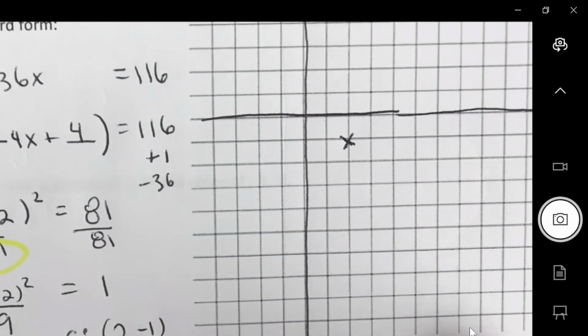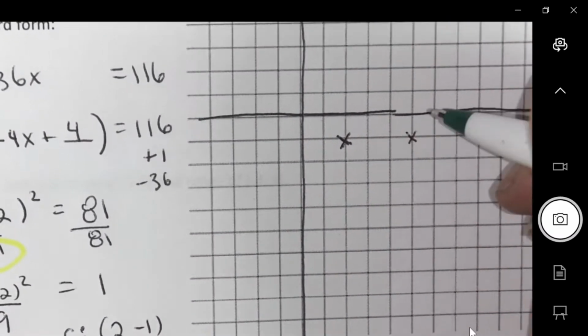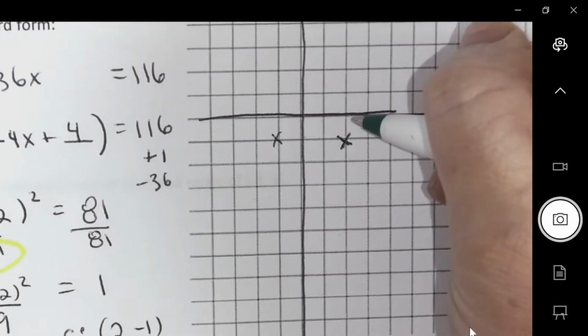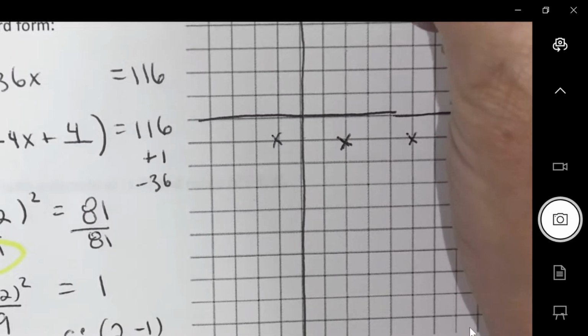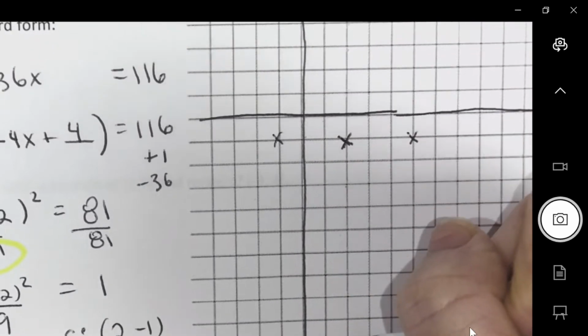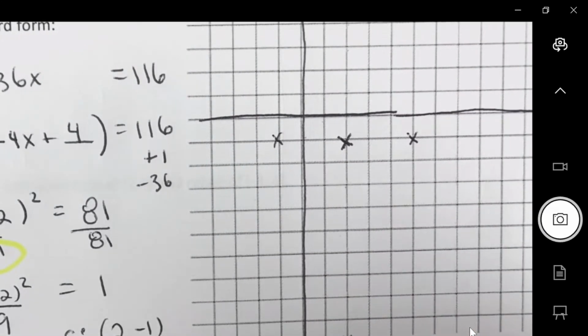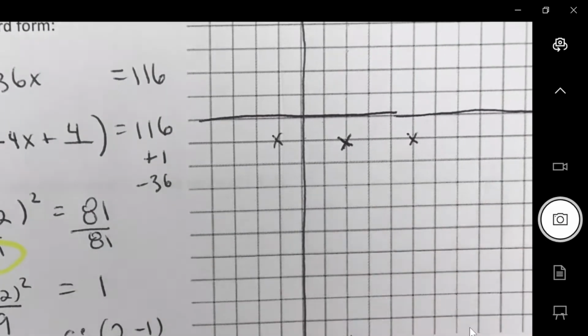Okay, I'm just going to do a bunch of my X spots here. Sorry, not a very good graph. Mine's not fitting. I put mine right in the middle too. It doesn't even fit.